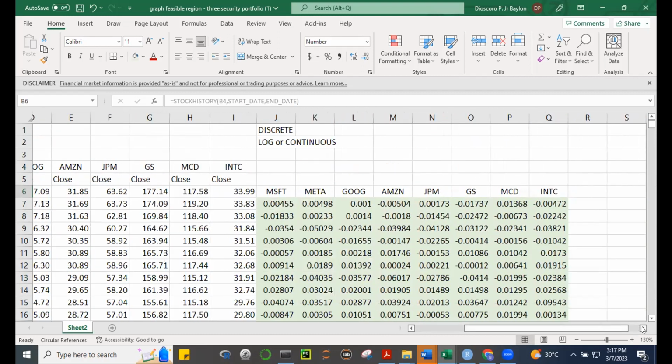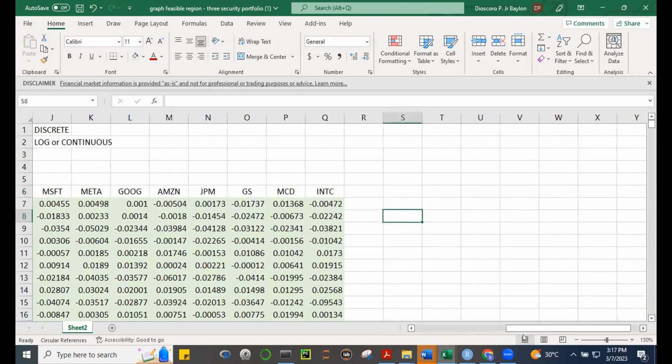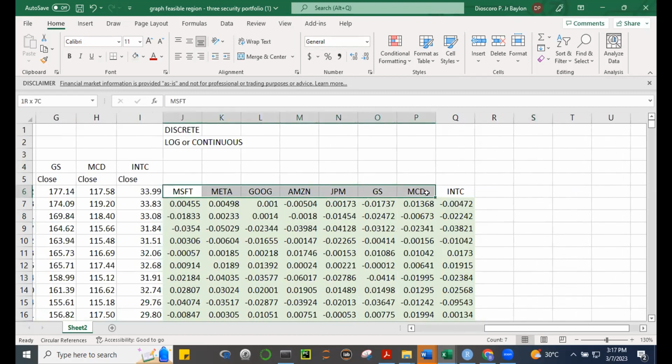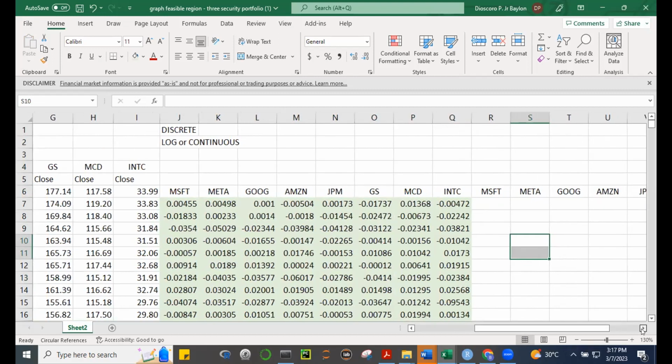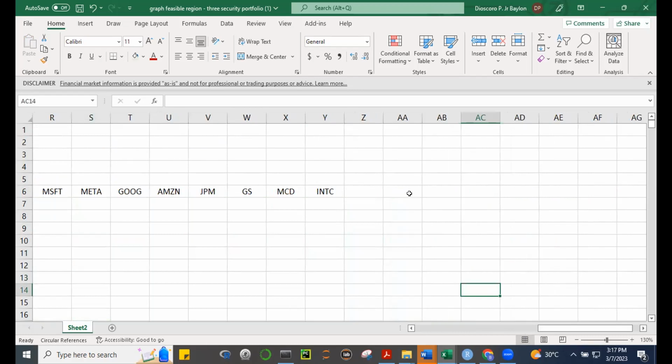Okay. So next, we will need to, let's copy this again, Control C. We will compute for the excess returns, but before we compute for that, we will first need to compute some amounts like the average returns, the standard deviation.